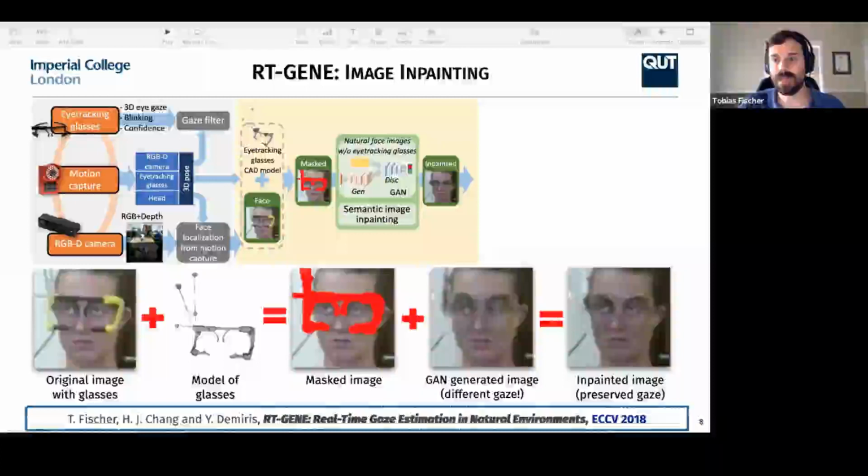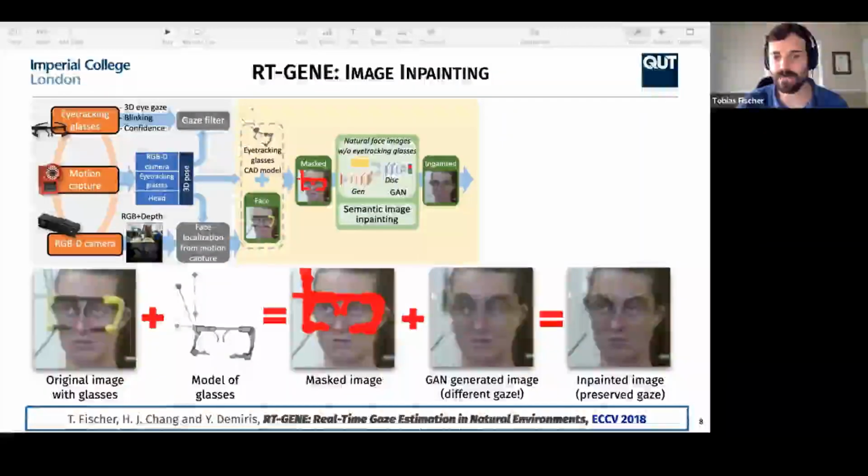And then you can map from one domain where the glasses are worn to another domain where the glasses are not worn. However, if you just use the generated image, so that's the third image at the bottom from the left, then that would have a different gaze, which is not desirable. So what we do is we only in-paint the image, so that's on the right-hand side.